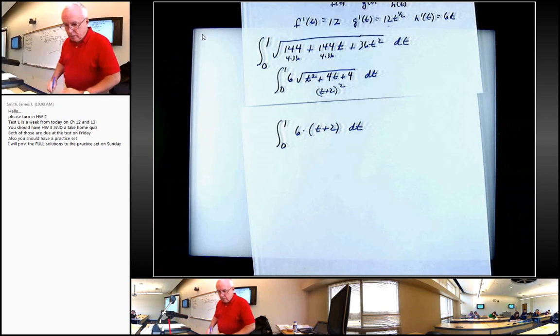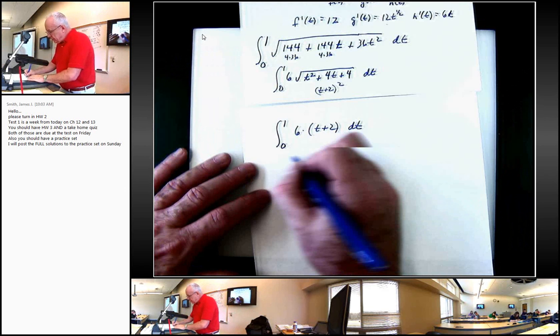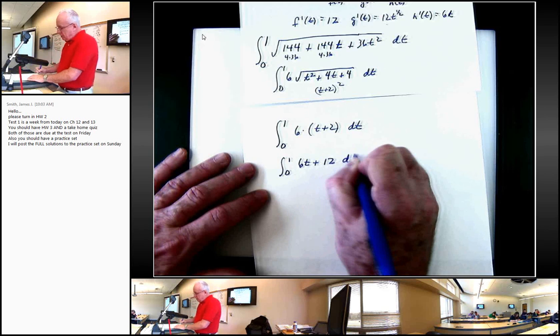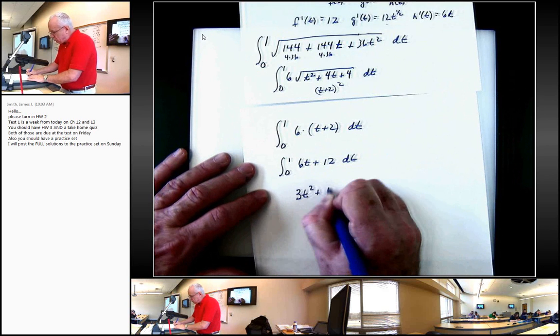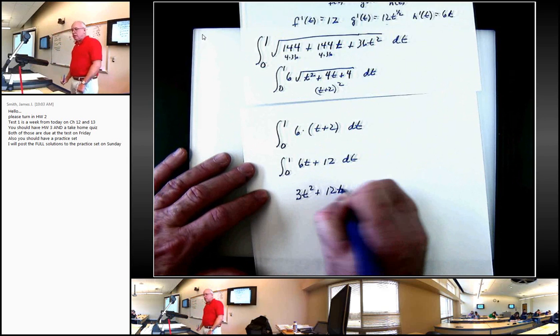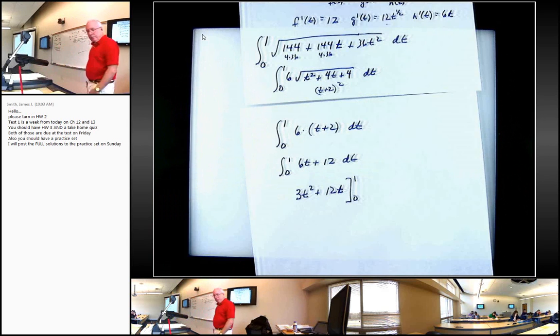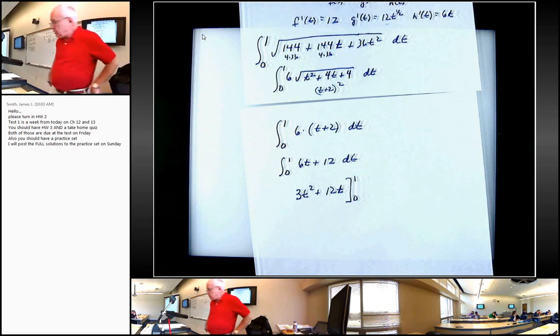Okay. All right. So let's get this antiderivative. This is going to be the antiderivative of 6t plus 12. So that's going to be what? 3t squared plus 12t when I work that out. And I'm taking that from 0 to 1. And, okay, that's it then, really.